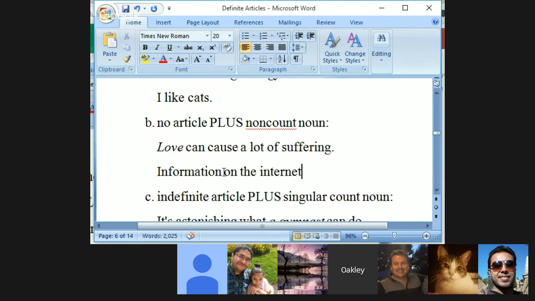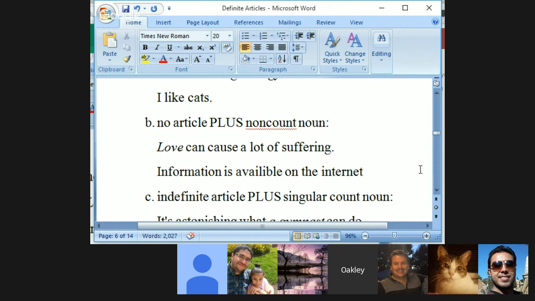Okay, information. It's uncountable. With an uncountable, we're going to use the verb is, not information are, because we can't make it plural. It's impossible to be plural. Information is available on the internet.